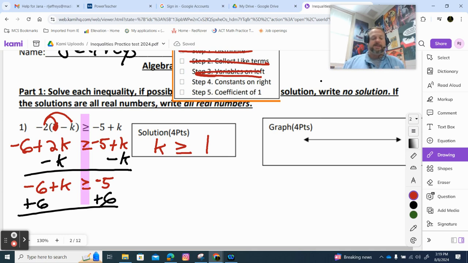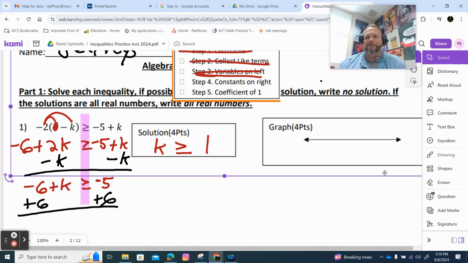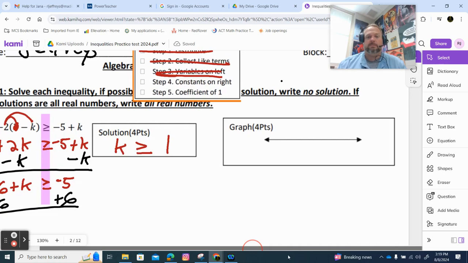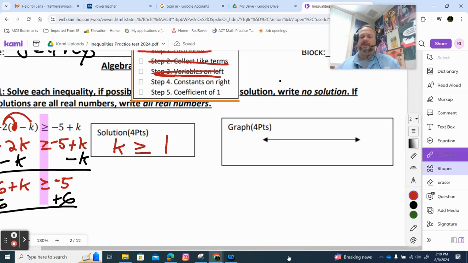Now, crazy thing, after all this stuff that we've been doing all week, which way do I graph? The alligator eats the bigger thing. Okay, so this is a closed circle.